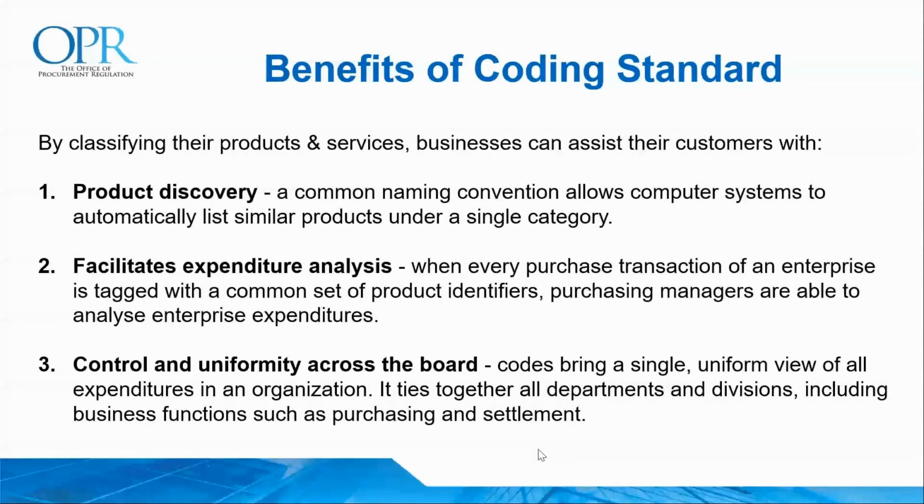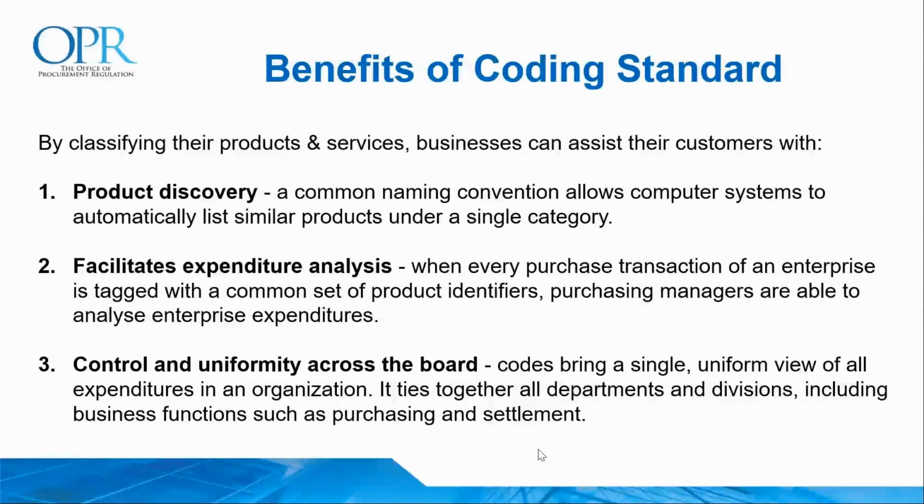And looking at the third benefit, it provides control and uniformity across the board. This brings a single uniform view of all expenditures in an organization. It ties together all departments and divisions, including business functions such as purchasing and settlement.